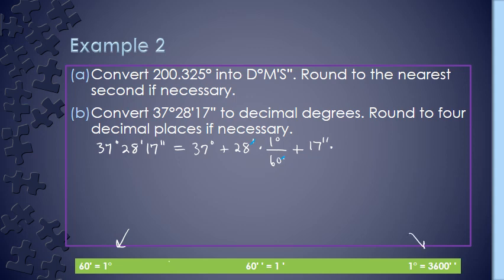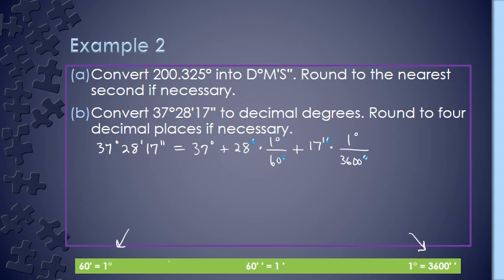And so that conversion is going to be this one that we haven't used yet, but it's going to come in handy here. The 3600 seconds will go on the bottom, and the 1 degree will go on the top, and we'll see that the units will cancel out the way that we want.